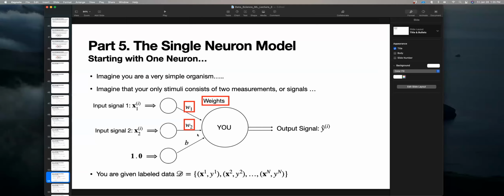And maybe you're really strong and you can hold the jar at the same time and they can fill it with as many marbles as you want. So maybe this W2 will be pretty low, right? So you don't have to worry about this input signal as much as you have to worry about this input signal. So these numbers here are going to multiply the input signal.